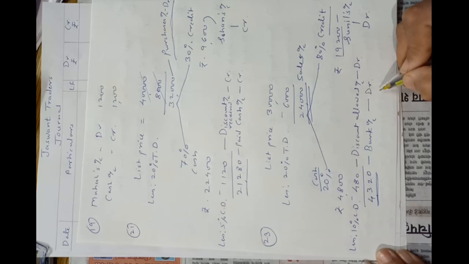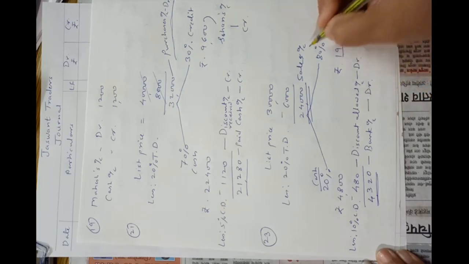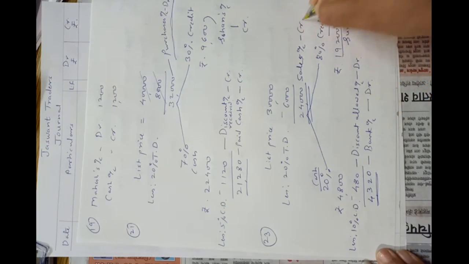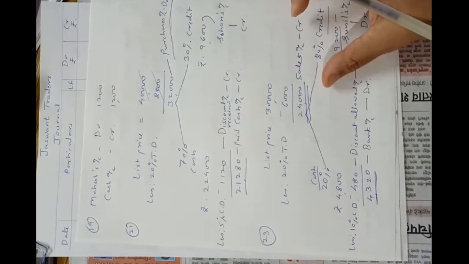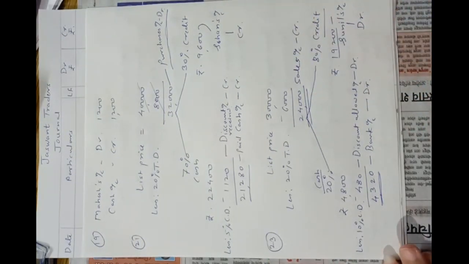If bank account is considered as cash at bank, then cash at bank means bank balance is increasing, amount is coming into bank account, so bank account is debited, and sales account will be credited for rupees 24,000. Understood. We have seen such entries earlier. So in this way we have to solve these transactions.